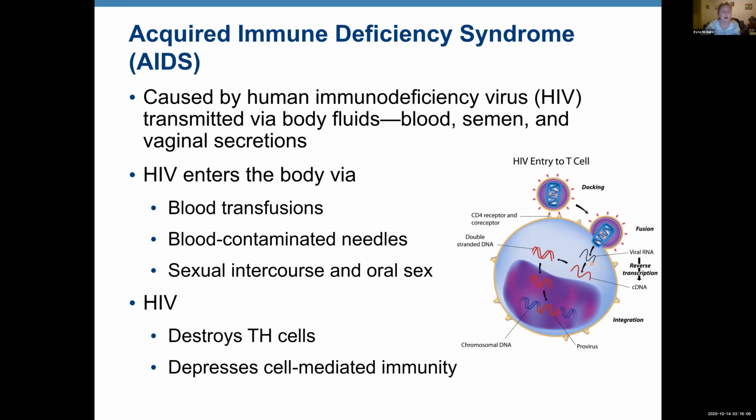And what the HIV virus does is destroy T helper cells, right? So if T helper cells are destroyed, it depresses mostly cell-mediated immunity, because the patient would still have humoral immunity, but it will be very slow.